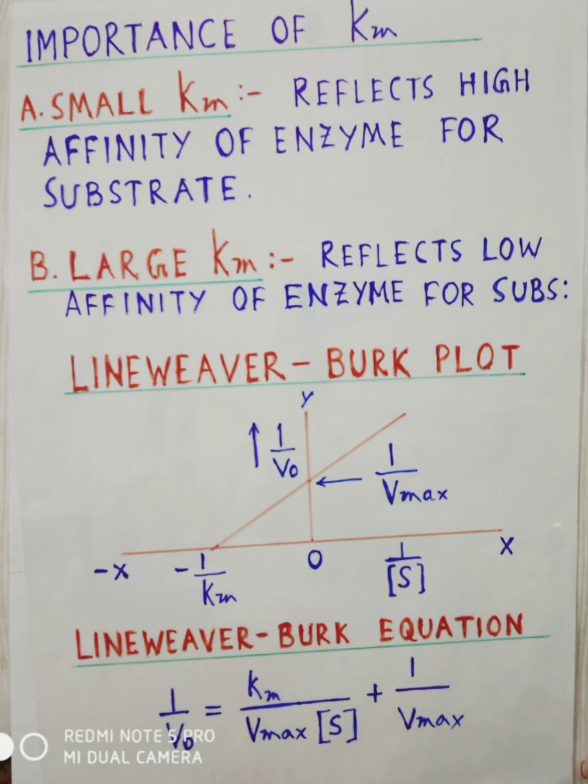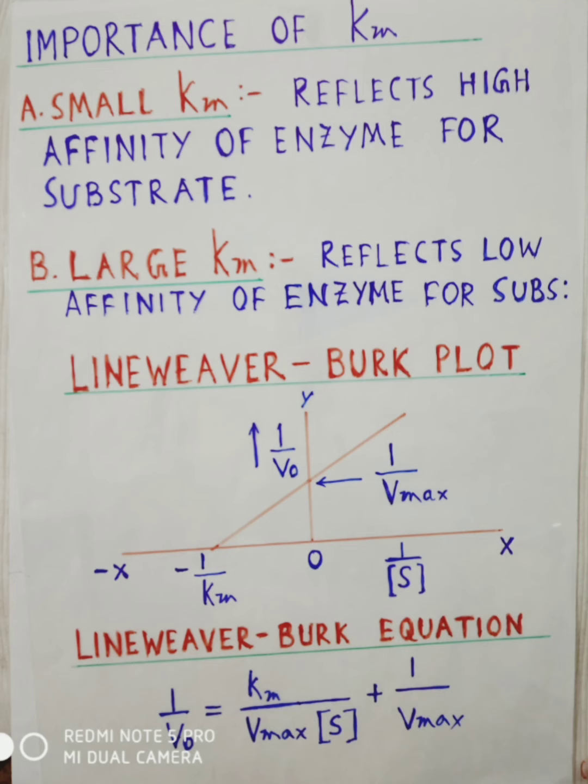The equation is obtained by taking the reciprocal of the Michaelis-Menten equation: 1/V0 = (Km/Vmax)(1/S) + 1/Vmax. When 1/V0 is plotted against 1/S, a straight line is obtained with a slope equal to Km/Vmax.